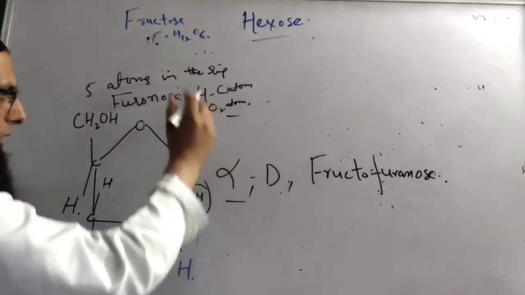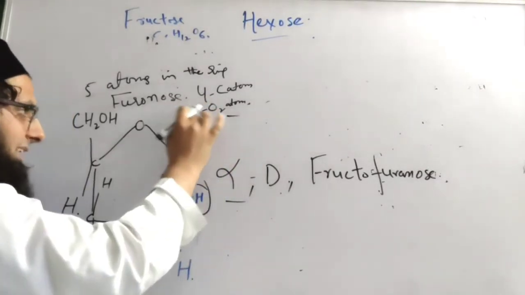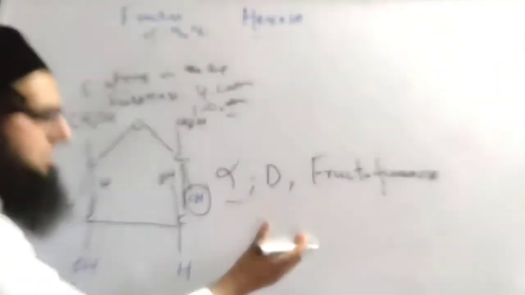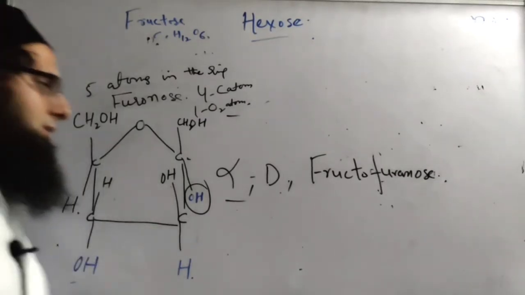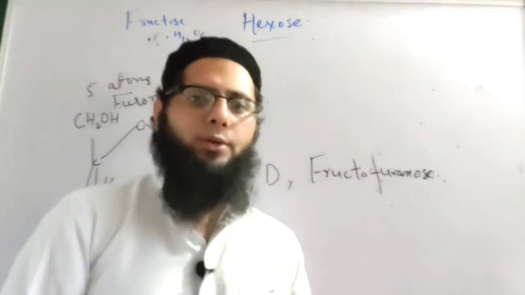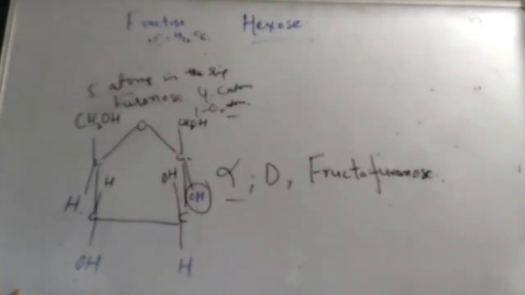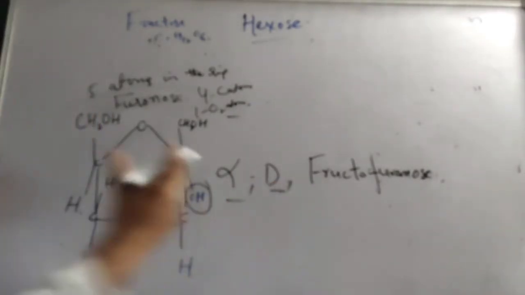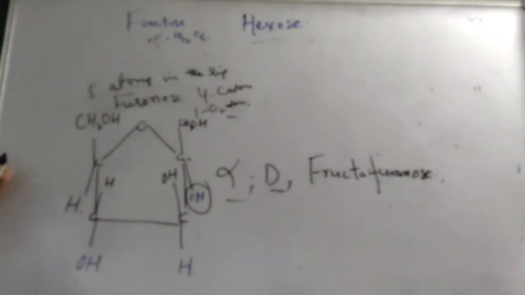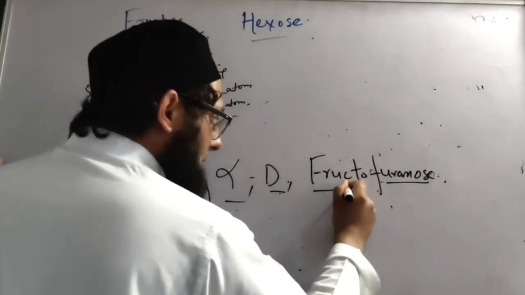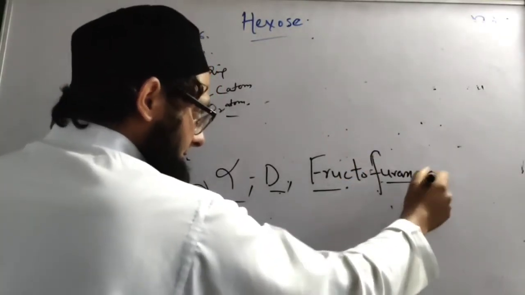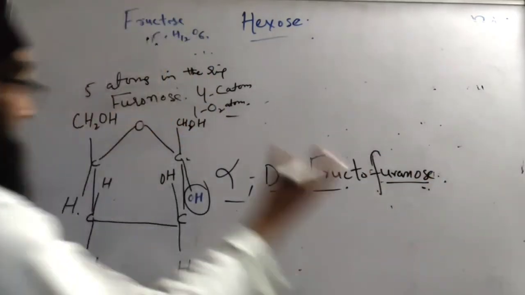If we write this OH on the top and this CH2OH downwards, then this will become beta. If you want to learn about anomers, what are alpha and beta, you can watch my previous video where I have clearly taught that. D is because we form it from D-fructose. Fructofuranose, because the ring is made from fructose, and furanose because this is the pentagonal ring. We have 5 atoms in the ring.